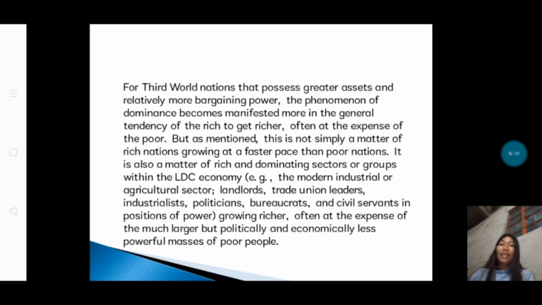This dual process of rich nations and powerful groups within poor nations prospering while others stagnate is by no means an isolated phenomenon. We shall see that it is a rather common characteristic of international economic relations.